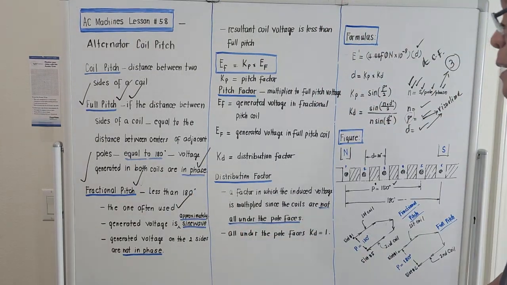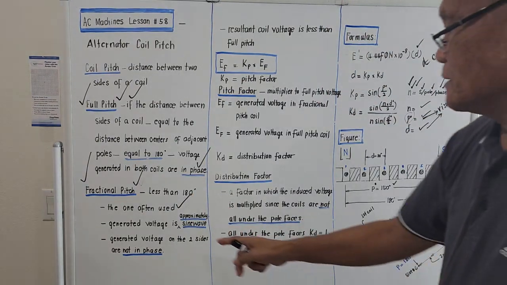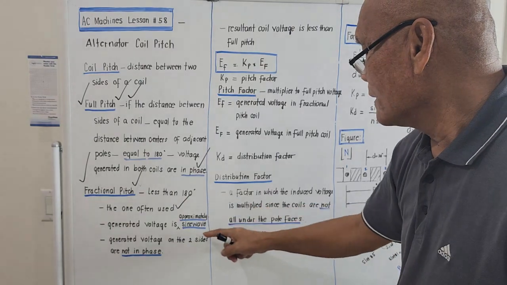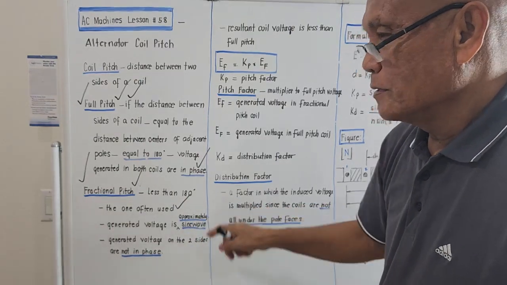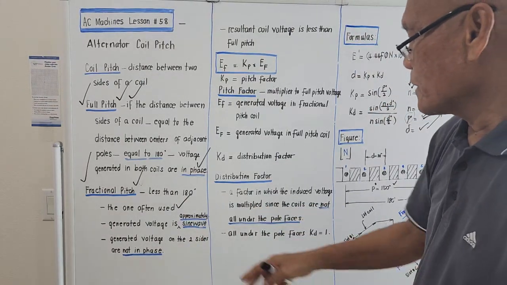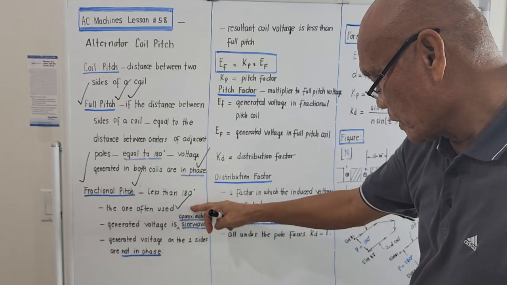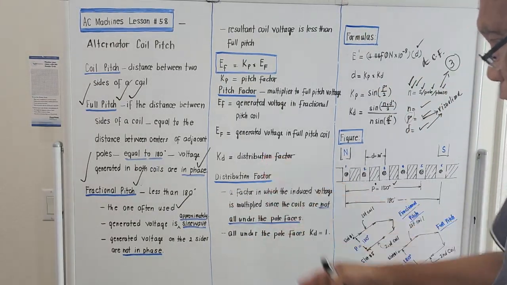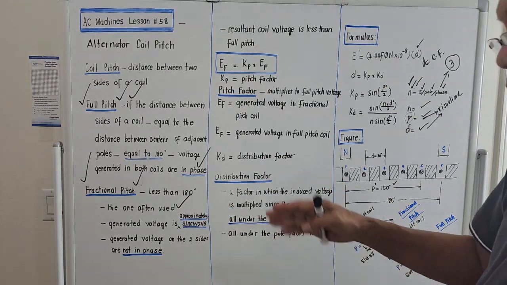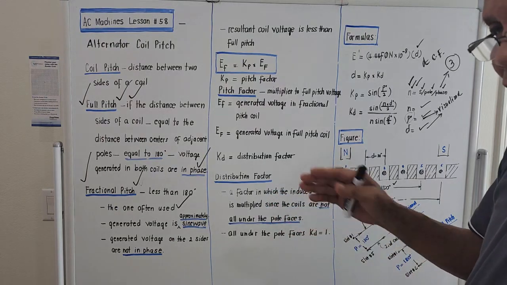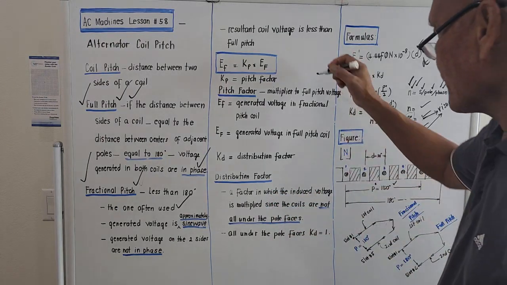The voltage generated is approximately sine wave. Oh, it's hard to imagine this one. I don't know how we will explain this, but according to the annotation, if it's a fractional pitch winding, the voltage generated is almost a perfect sine wave.